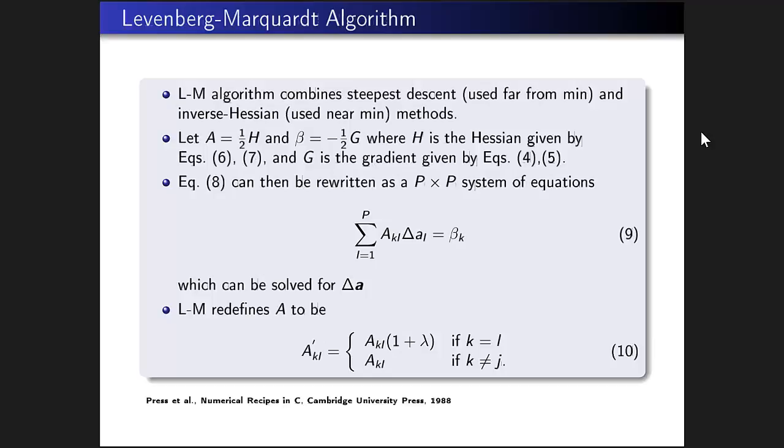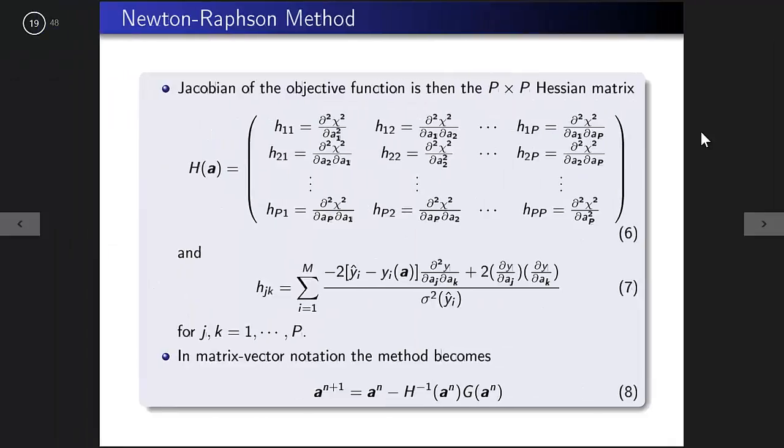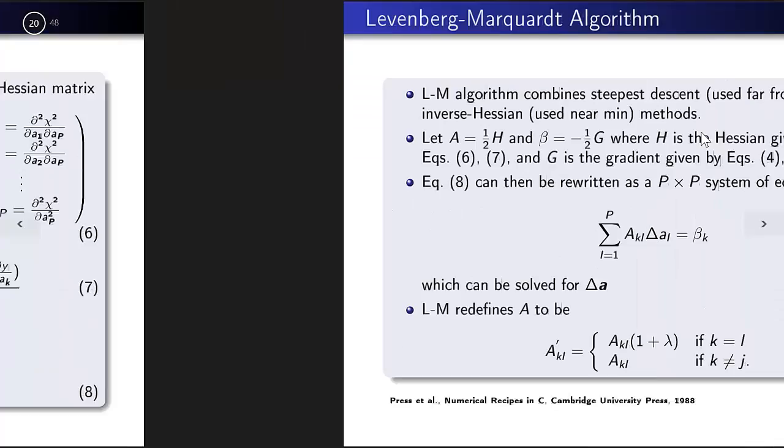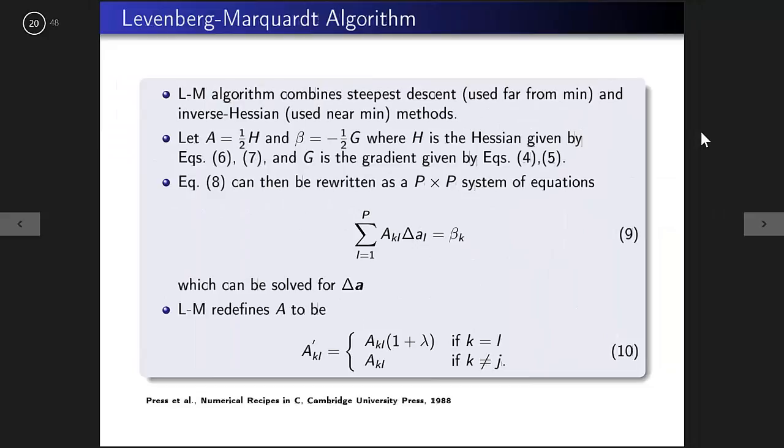I'm just rewriting that: matrix A is 1/2 the Hessian, beta is negative 1/2 the gradient, and you can rewrite equation 8, this vector form, in kind of an AX equals B form right here. So it's a substitution of variables here. And this can be solved for this delta A. This is what you're looking for.